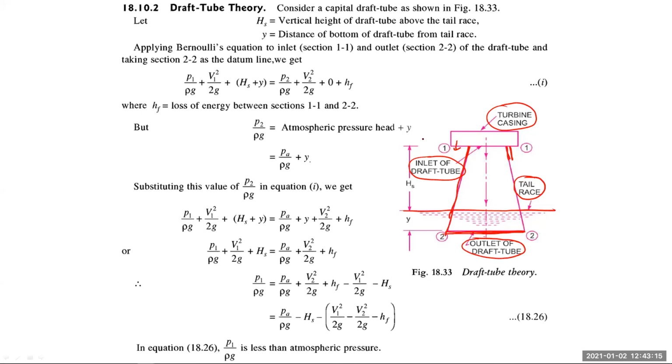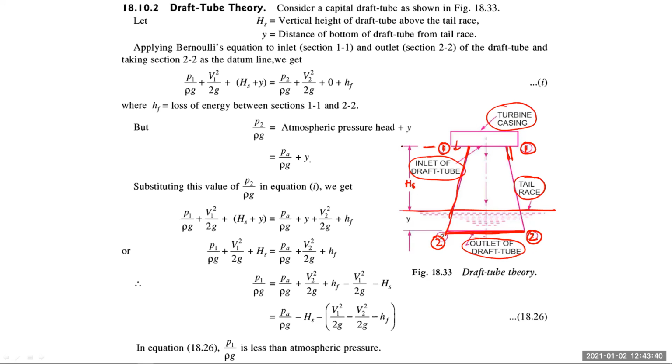As you can see in the diagram, this is taken as section 1-1 and this is taken as section 2-2. Now, two more parameters are there. Hs, you can see here.